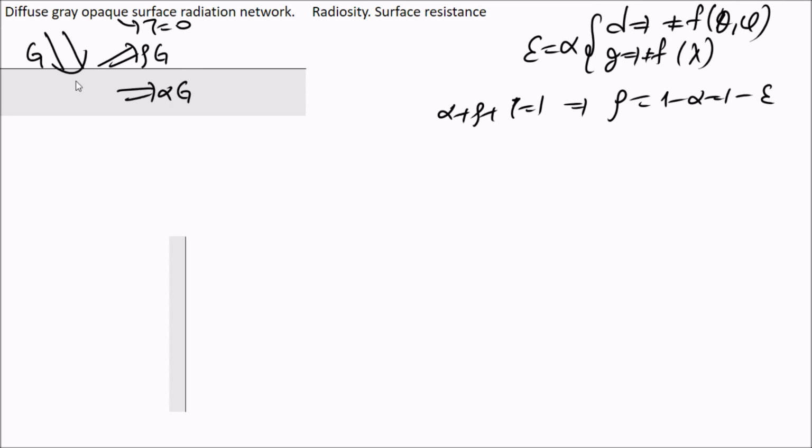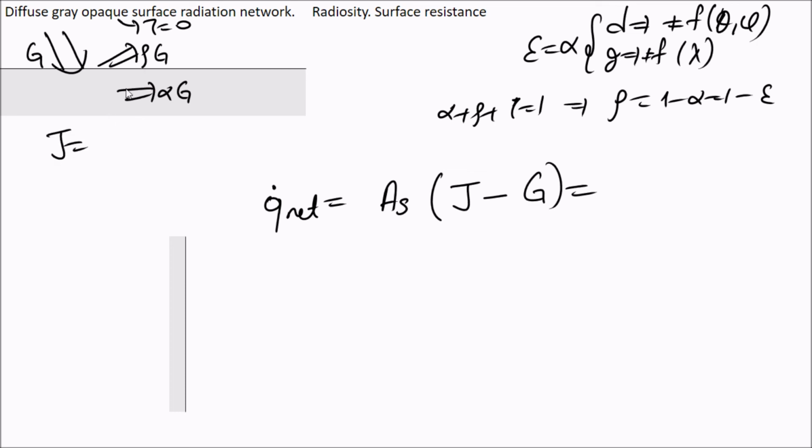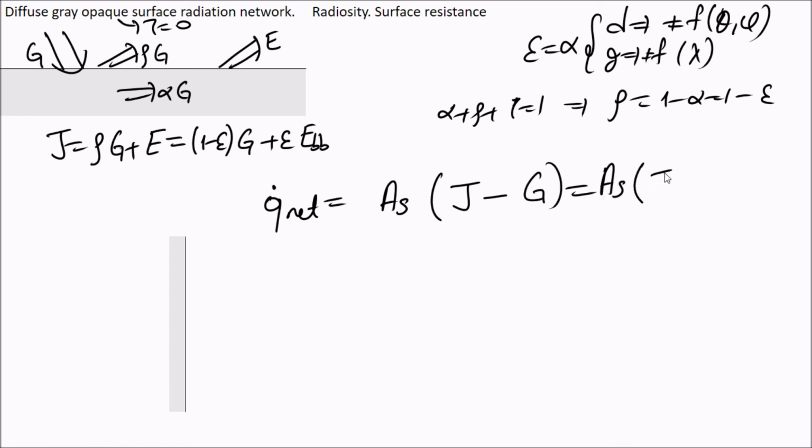Then if I write the net heat transfer from the body, it will be the surface area of the body multiplied by the radiosity minus the irradiation, and the radiosity J is rho G plus the emitted power from the object, E. Instead of rho, I can write 1 minus epsilon times G, and instead of E, I can write epsilon times E black body. So it will be J minus G.